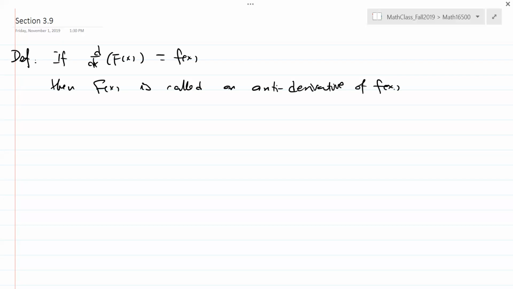This is an inverse problem. Usually, given a function, we want to find the derivative. But sometimes, given a function, we will ask what is the function whose derivative is equal to the given one, right?